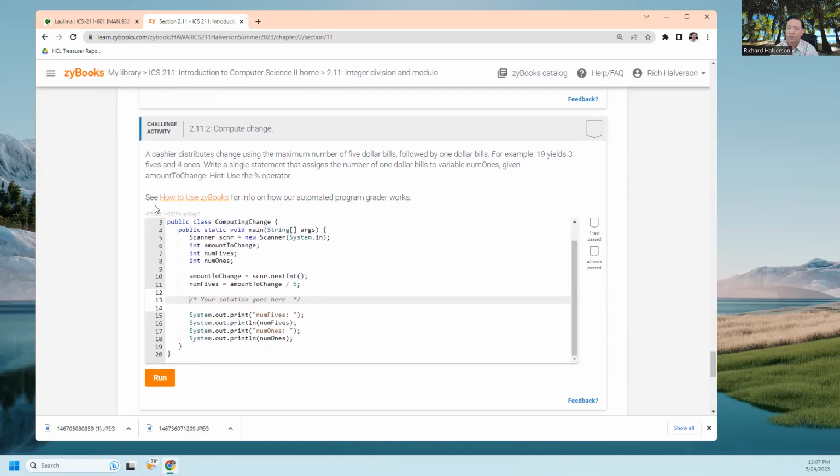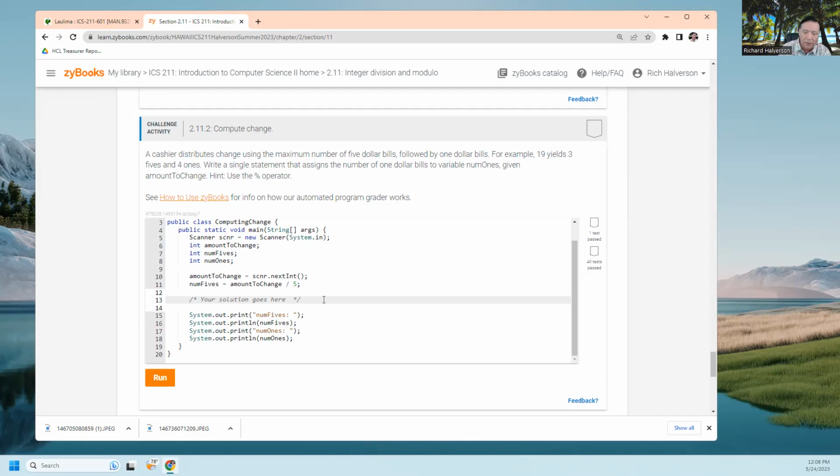A cashier distributes change using the maximum number of $5 bills, followed by $1 bills. For example, 19 yields 3 5s and 4 1s. Write a single statement that assigns the number of $1 bills to variable num1s given amount of change. Hint, use the percent operator.